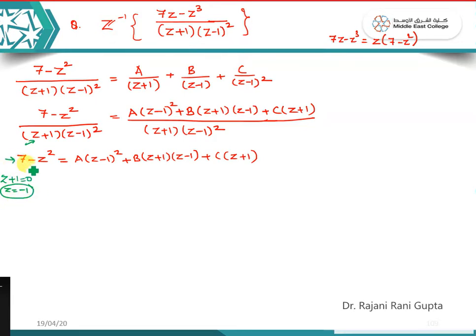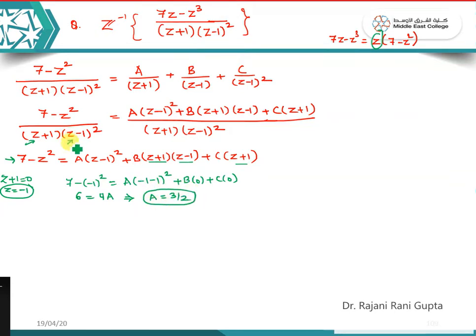We use it here: 7 minus (minus 1) squared equals A times (minus 2) squared, and the terms with (Z minus 1)(Z plus 1) and (Z plus 1) become 0, so B and C vanish. So 7 minus 1 gives 6, and minus 2 squared gives 4, so 6 equals 4A. This gives A equal to 6 by 4, which is 3 over 2.